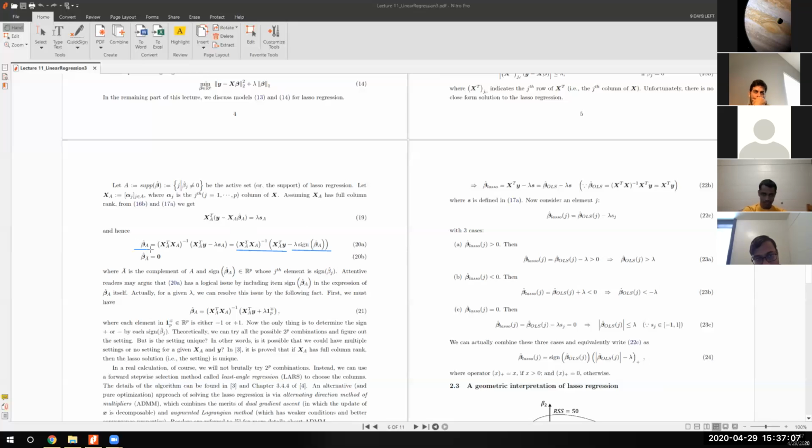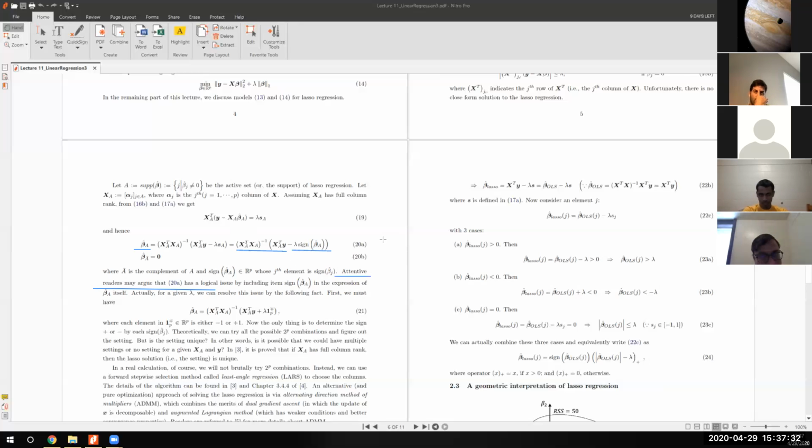Here is beta hat A equals something, and in your right-hand side, you have the sign of beta hat A. See it? That's why I wrote here, attentive readers may say, hey, here's something wrong. How can you define itself with itself? The left-hand side and the right-hand side both include beta_A. And it seems that we have a logic issue here.